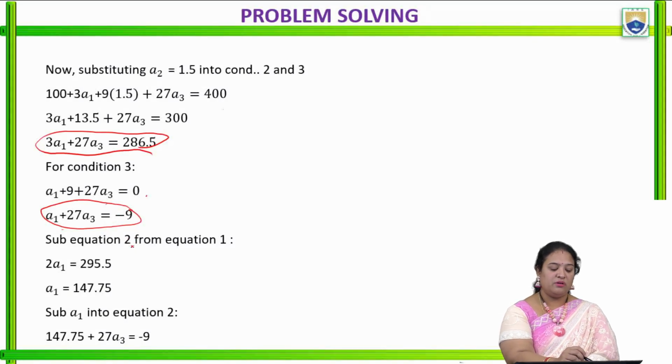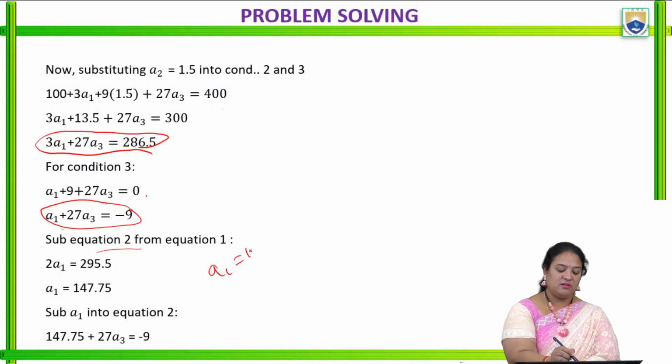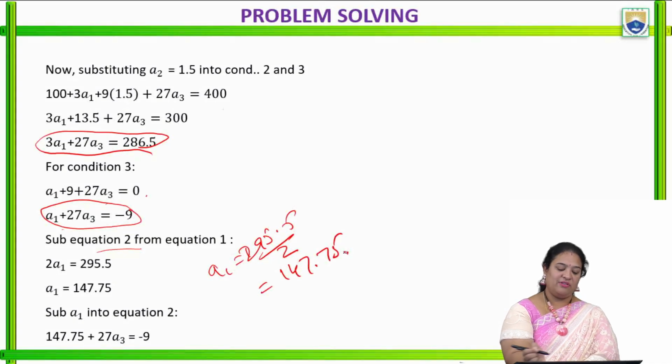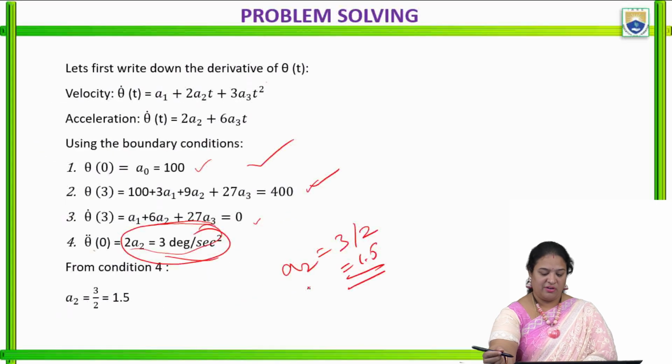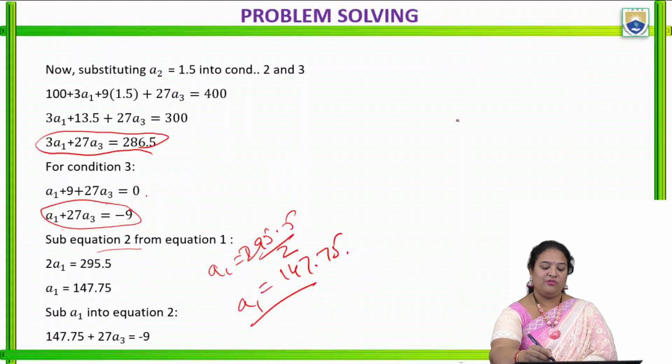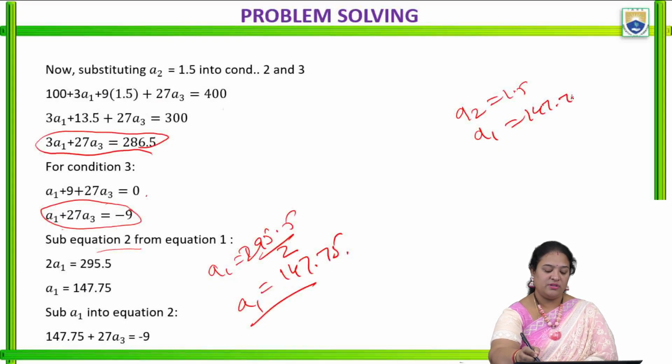Now substitute 2 from equation 1, that is 2a1 is equal to 295.5, where a1 is 295.5 by 2, which is 147.75. This is the value of a1. So we have a2 equal to 1.5 and a1 equal to 147.75.